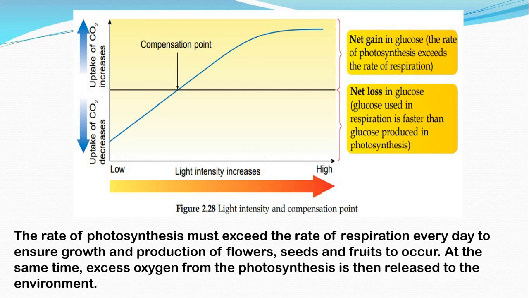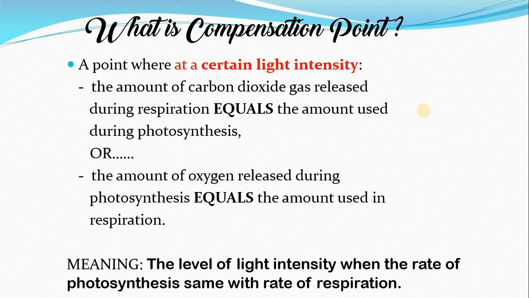What is a compensation point? It is a point where at a certain light intensity, the amount of carbon dioxide gas released during respiration equals the amount used during photosynthesis.